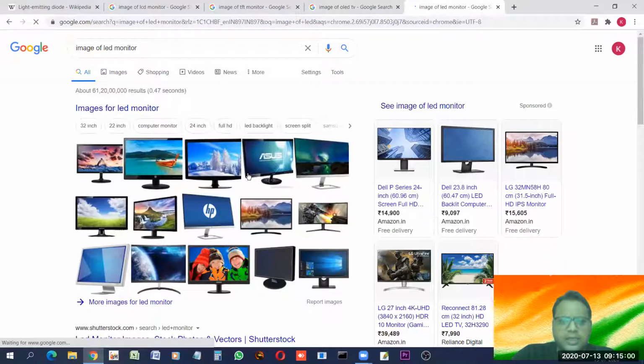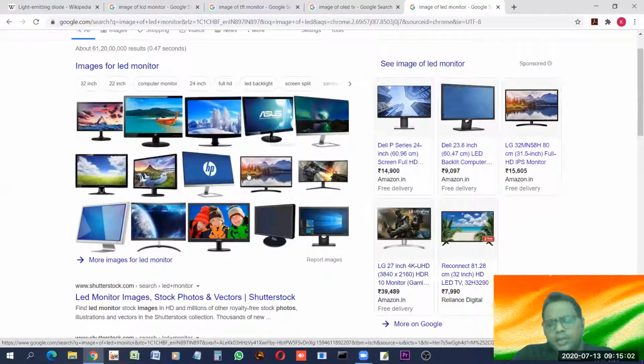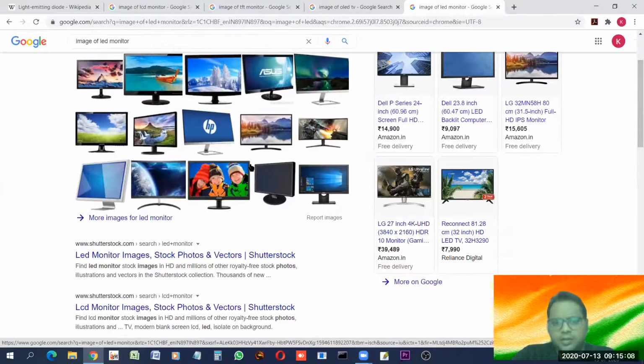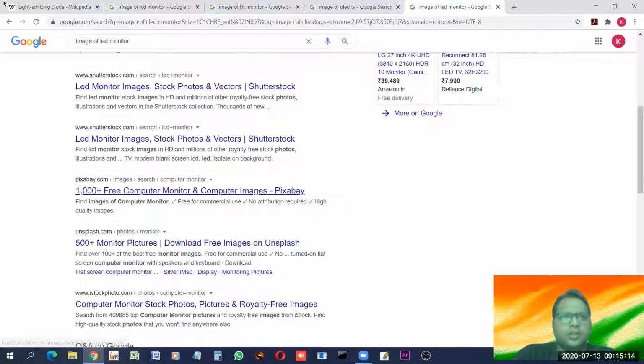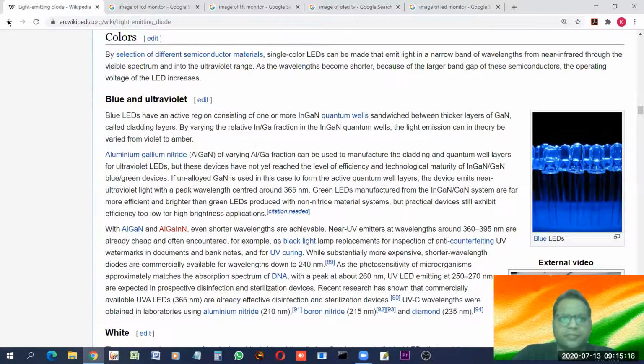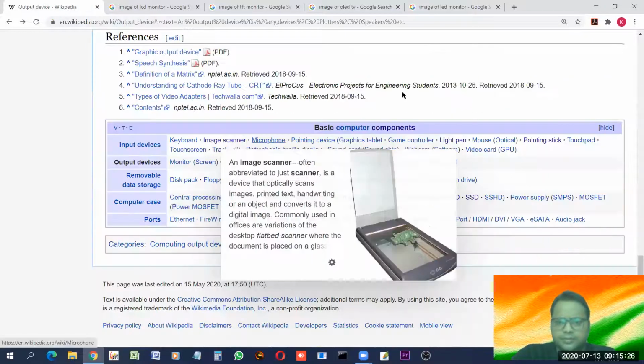So LED, OLED, LCD, TFT, they all look similar. There is a difference between the technology, but they all look similar. They are all flat panel displays. So at your level, if you know only the full form, then that is enough for you. And if you need to know more about them, then you have a lot of means, places where you can see these things.